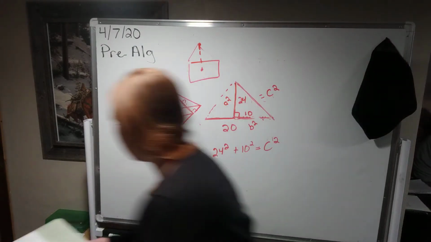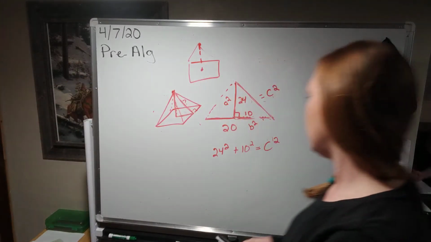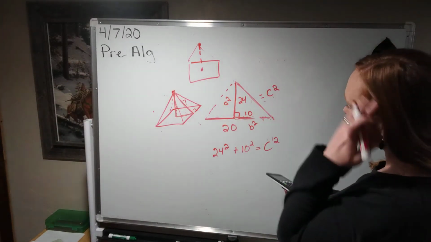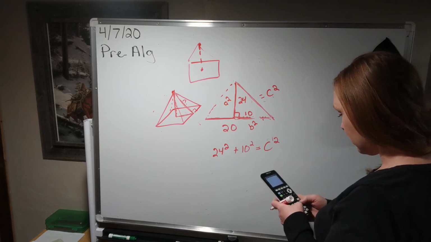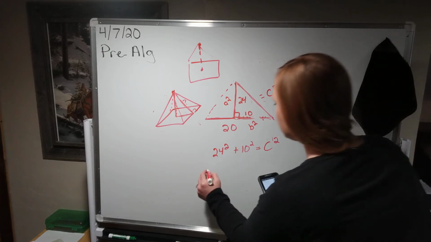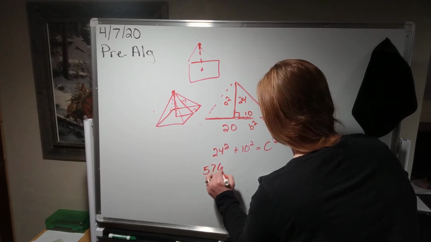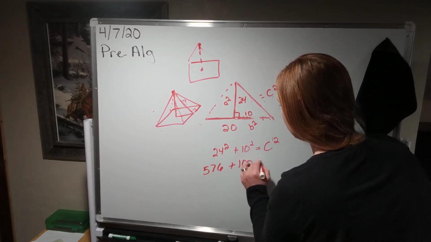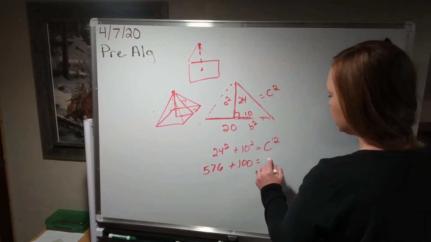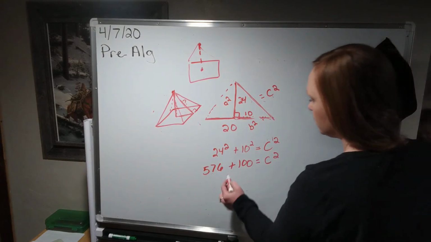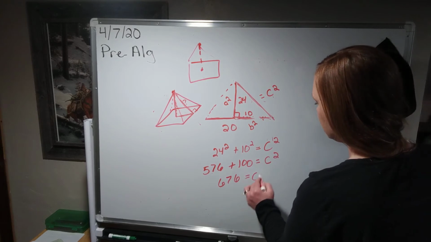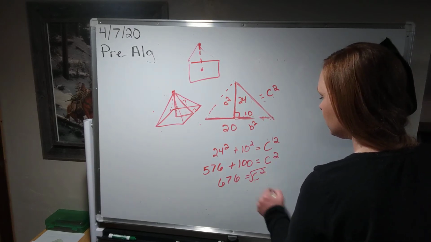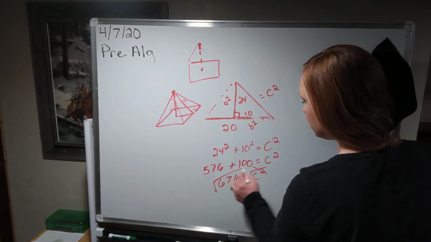Okay, so let me grab my calculator and let's go ahead and solve that. So 24 times 24. I almost made that mistake. 576 plus 100 equals c squared. So this equals 676 equals c squared. Now we need to take the square root of both sides.